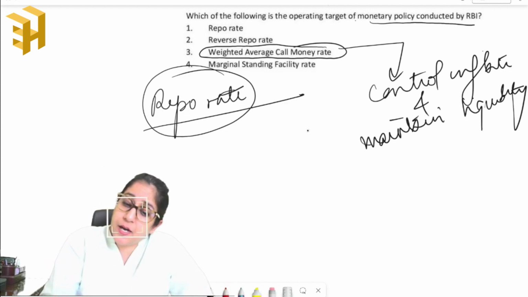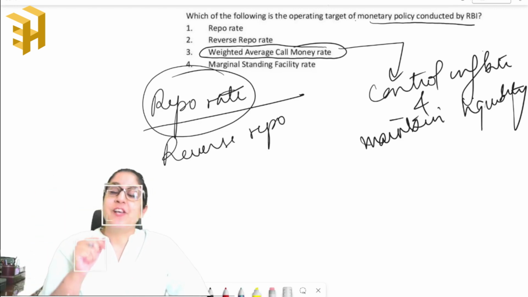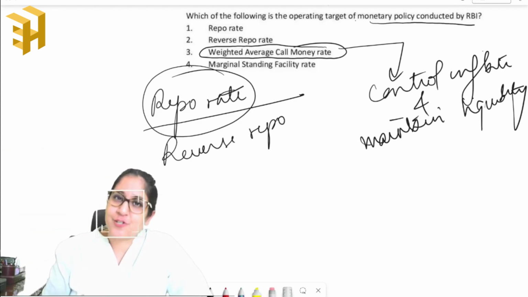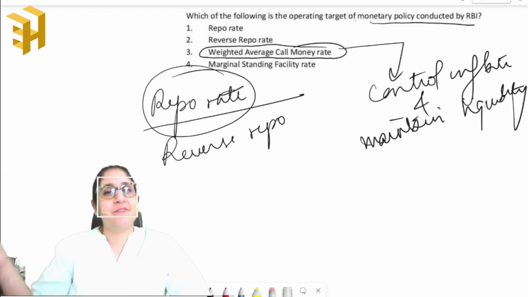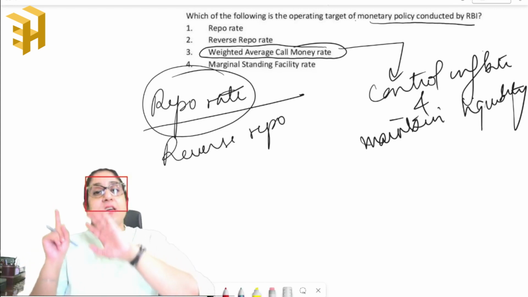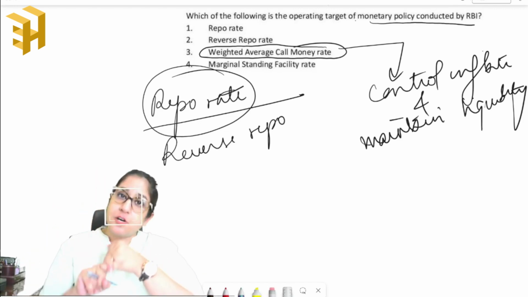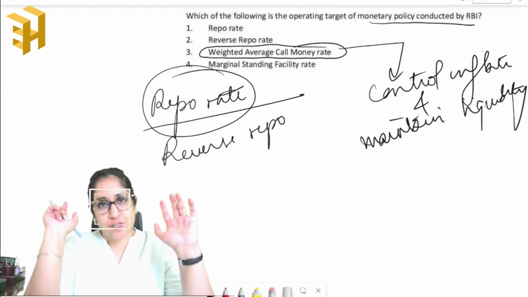Okay, similarly, a reverse repo rate is the rate which RBI pays. So for example, if RBI has to take funds from the commercial banks, then what will be the interest rate which RBI will pay? So repo rate is the interest rate that is to be paid by the commercial banks, and reverse repo is the rate that RBI will pay to the commercial banks.